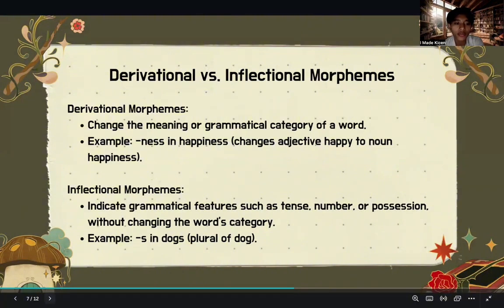The second, inflectional morphemes, indicate grammatical features such as tense, number, or possession without changing the word's category. For example, -s in dogs, plural of dog.